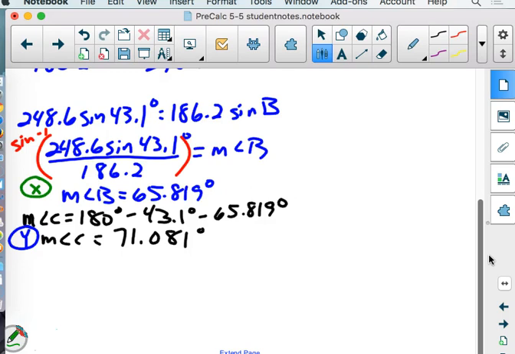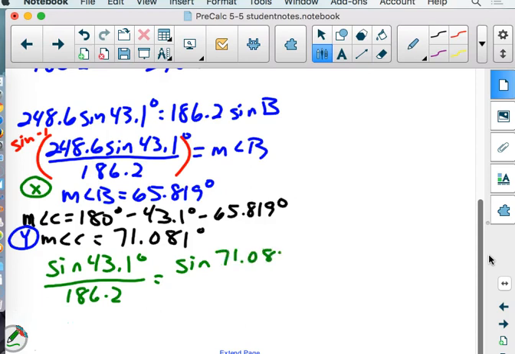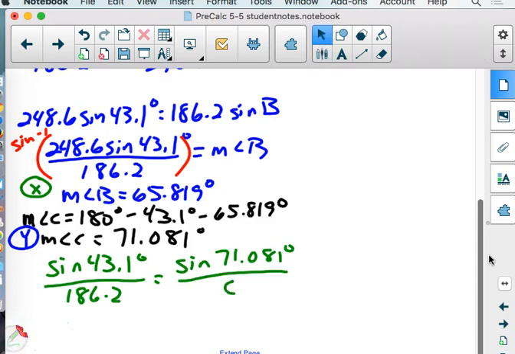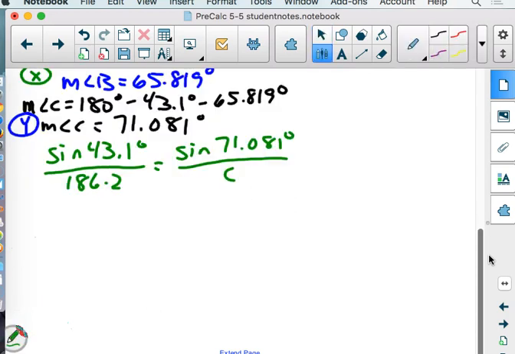All right, so let's go back to the original. We had A, sine of 43.1 degrees over lowercase a, that was our 186.2. And we now know that angle C is our 71.081 degrees. And we need lowercase c. So cross multiply again.